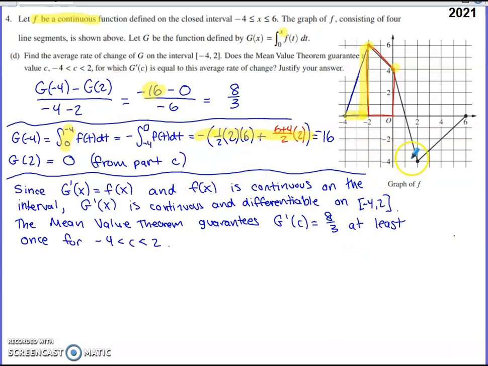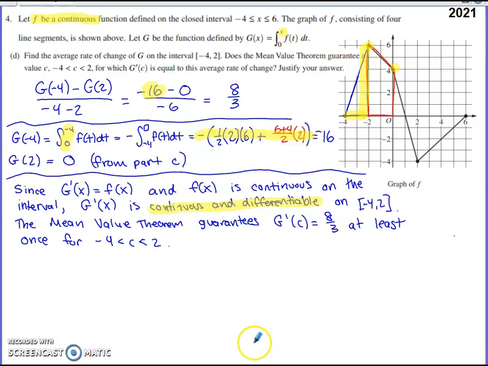This is a graph of f, but it's also a graph of g prime. Since g prime is equal to f of x and f is continuous, g is differentiable, and if g is differentiable, it's also got to be continuous. So these two words being on your page in reference to g are the things that need to be there in order for you to receive that justification point.